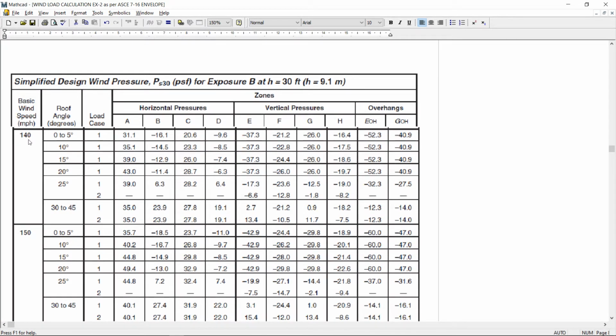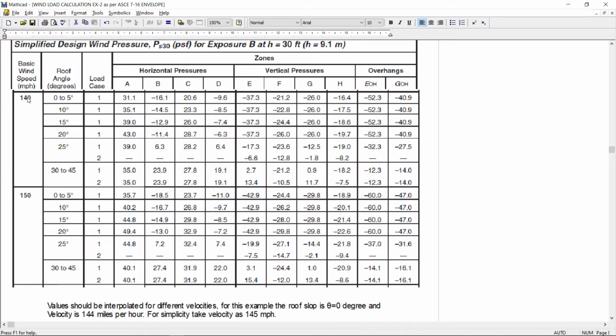The wind speed, if it is 140 miles per hour, then in zone A. Zone B is not applicable for us here because zone B is above the eave height. For us, this wall is straight, so only zone A is applicable. Zone C is applicable, D, E, and F, etc. These are applicable. And there are no overhangs, so we are not interested in EOH or GOH.